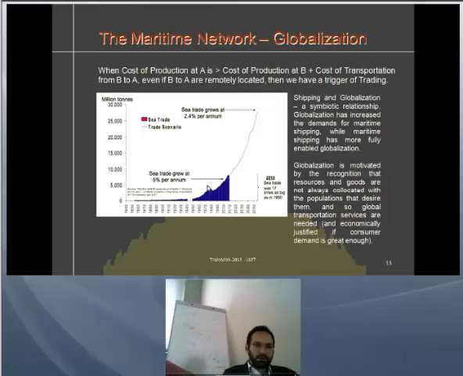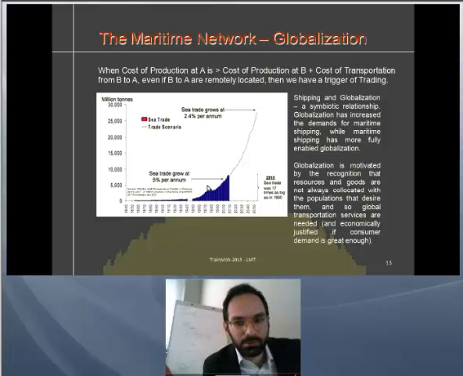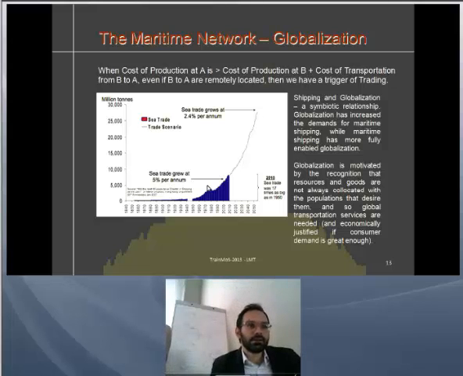So what is driving globalization? Well, globalization comes from the fact that when the cost of production in one place is greater than the cost of production at another place plus the cost of transporting the product, and if the second place is remotely located, then this triggers the trading pattern and also globalization.